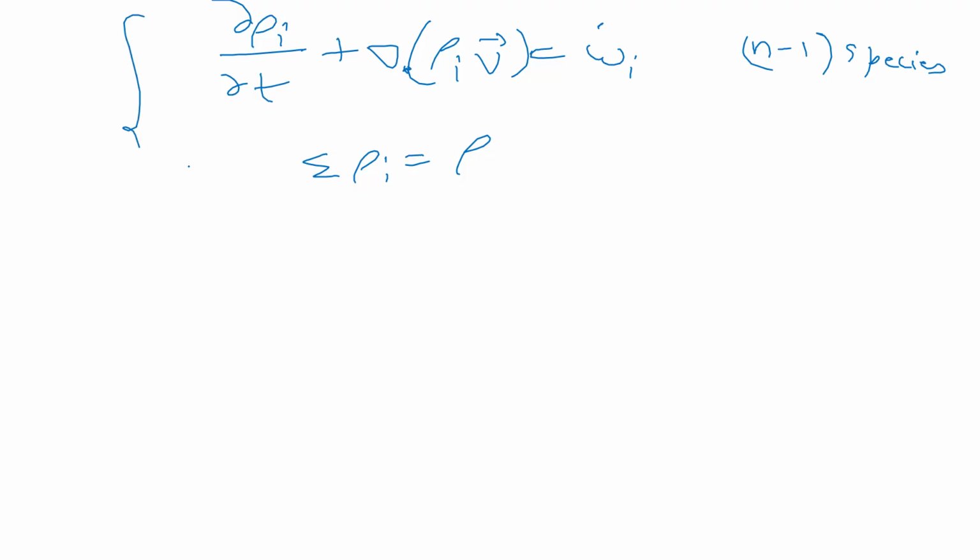So these are a total of n equations for n species.